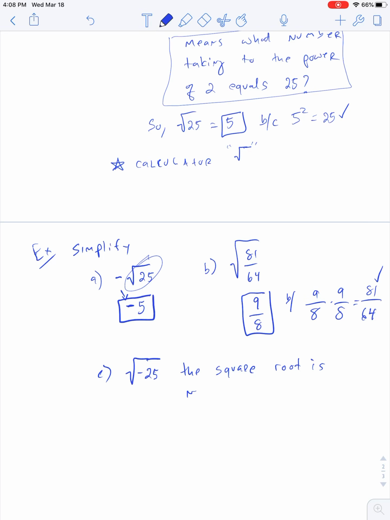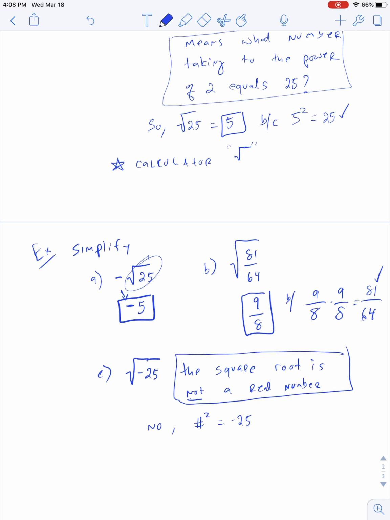We say that the square root is not a real number. Once again, there is no number that you can take to the power of 2 to give you negative 25. Because we know a negative times a negative is a positive, and a positive times a positive is a positive.